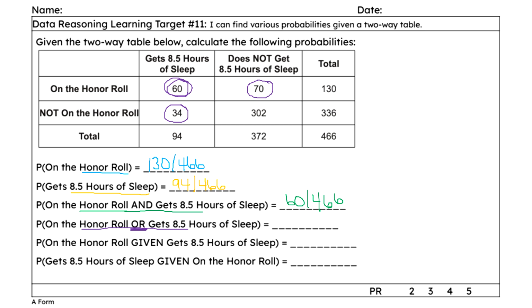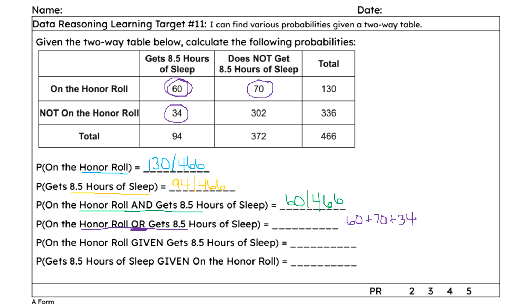Now be careful not to just add the totals, because then you're going to be double counting the 60. Do you see how I circled that 60 twice? We're just going to add up the 3 boxes that I circled, because then you don't have to worry about double counting. So for these 3, I am going to add 60 just once, and 70 and 34, and that's going to get me my total that I'm looking for.